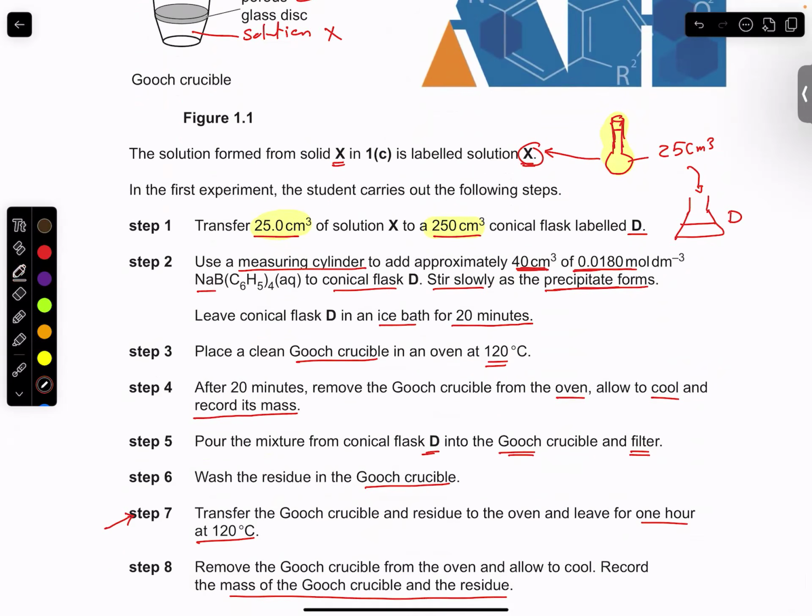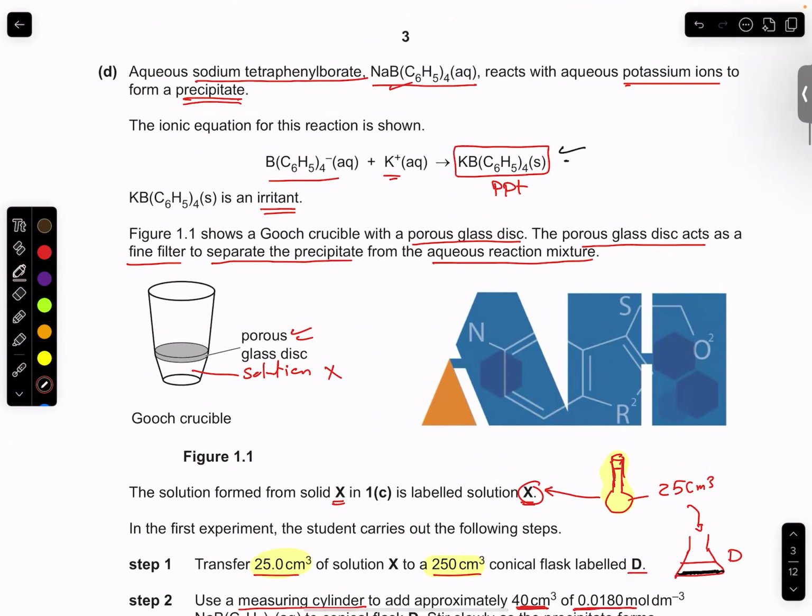Here, after stirring, the precipitate of this compound will be formed.